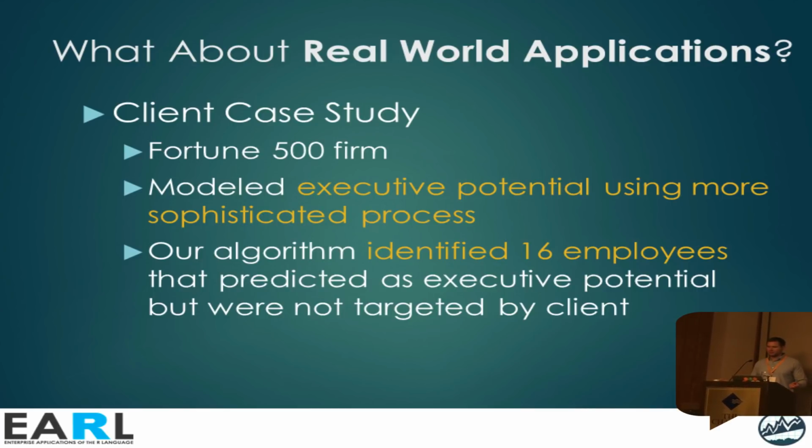So this is a list that employees get put on. If they're super high performers, like top of the top, they get put on an executive list. So what our algorithm did was it identified 16 employees that were predicted as executive potential, but were not currently being targeted by that client.